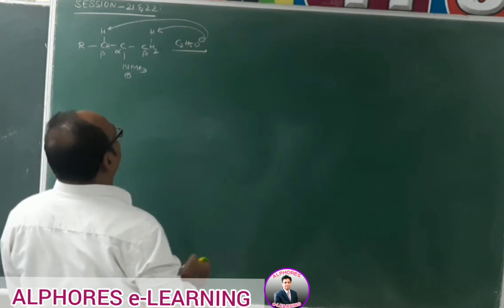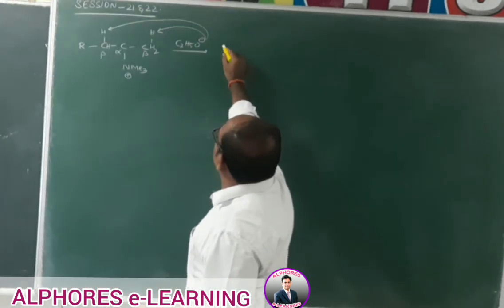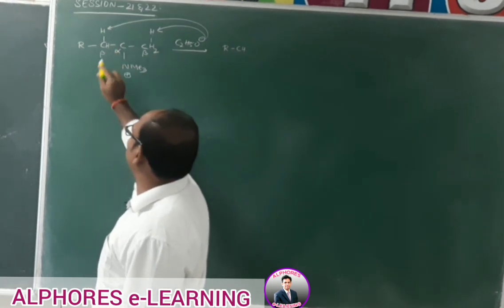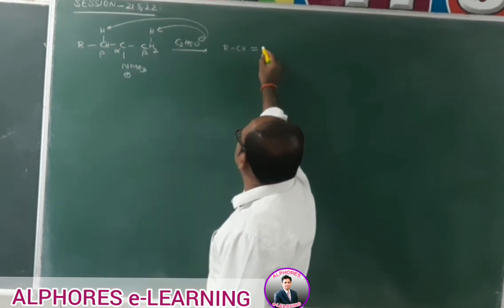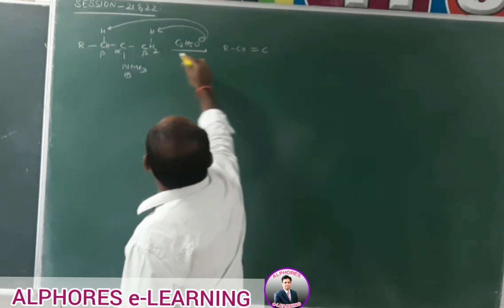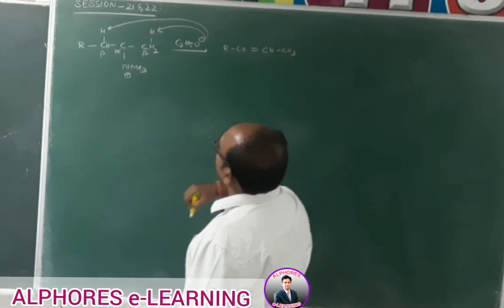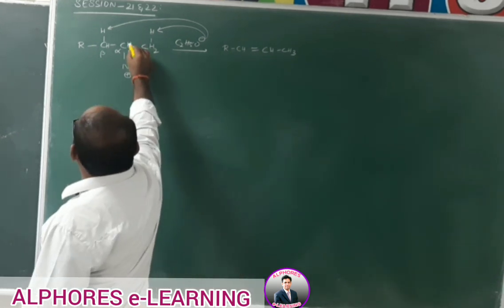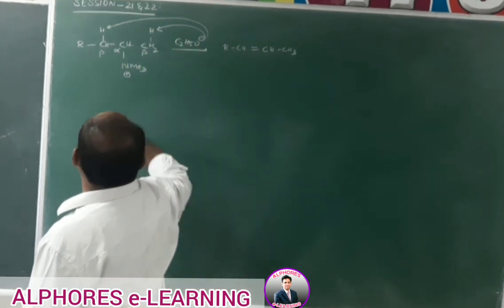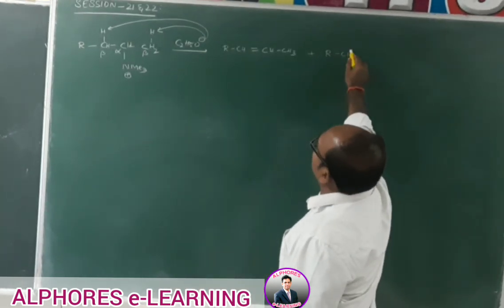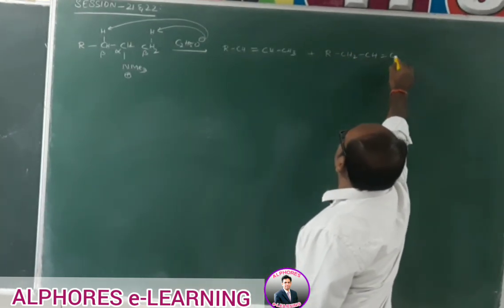We are expecting two products here. One is RCH double bond CH CH3: if this hydrogen is abstracted, there will be a formation of a double bond between these two carbon atoms, and here CH3 as such. One more possibility, if the beta carbon containing hydrogen is this one, then we get RCH2 CH double bond CH2.